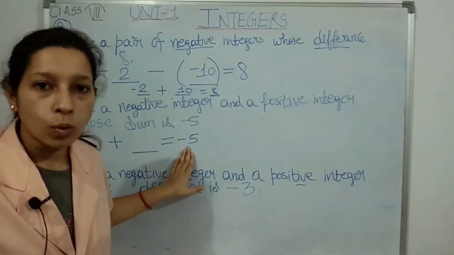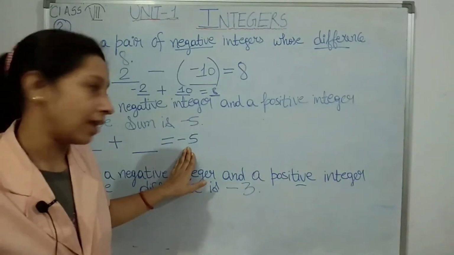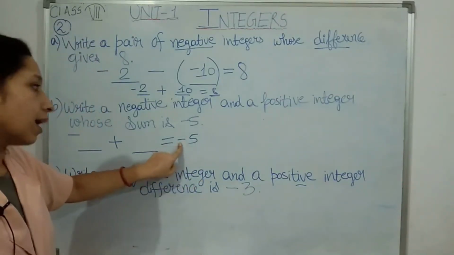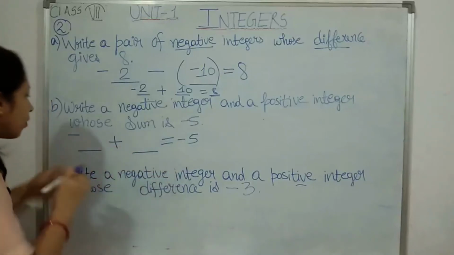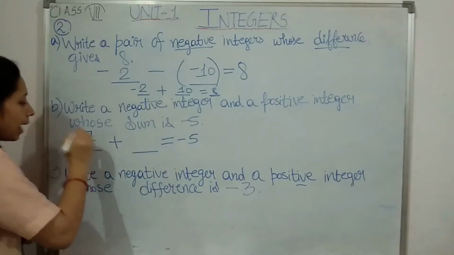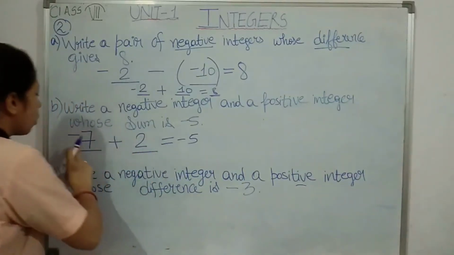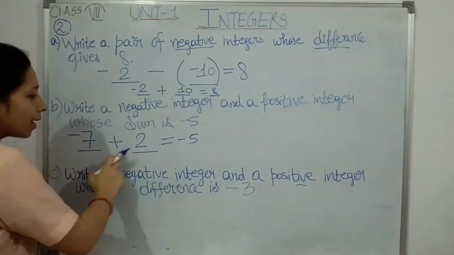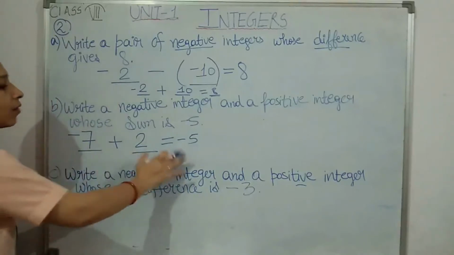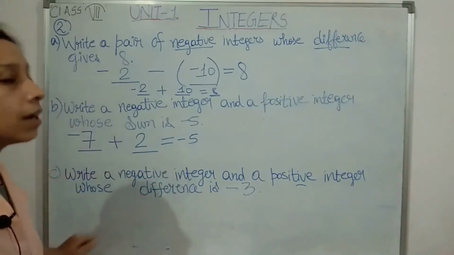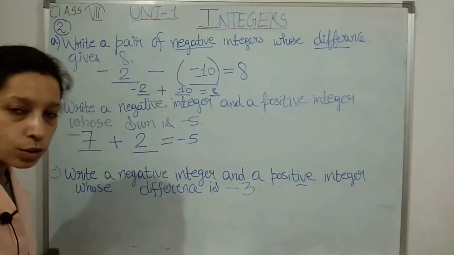So 7 and 2, 7 minus 2 how much students? 5. As in answer it is negative sign, so the greater number will have negative sign here. So let me write here as minus 7 plus 2. So minus plus minus, 7 minus 2, 5, 7 is the greater number with negative sign, that's why our answer is a negative integer. Clear students?